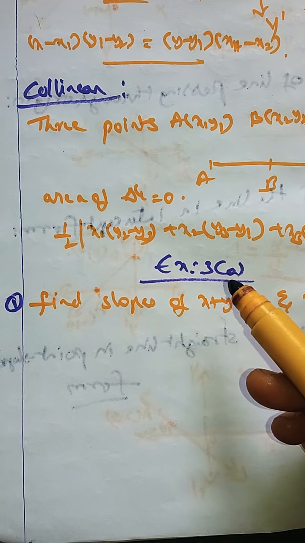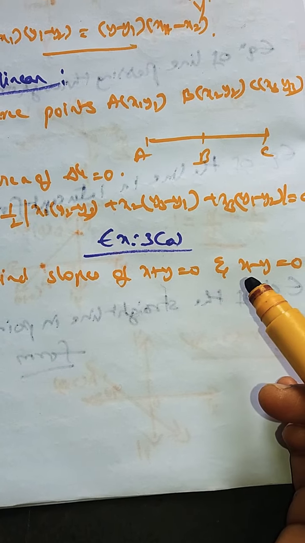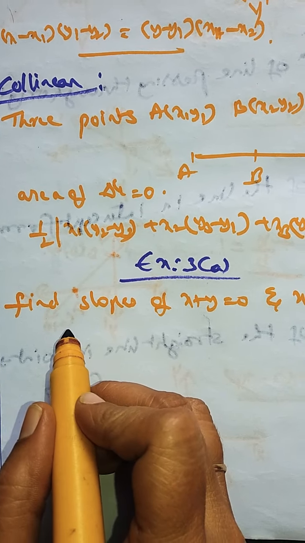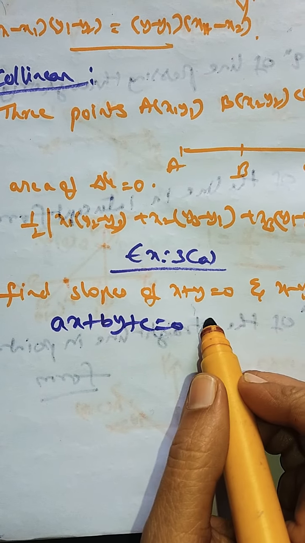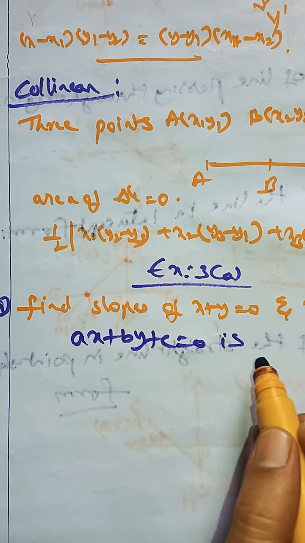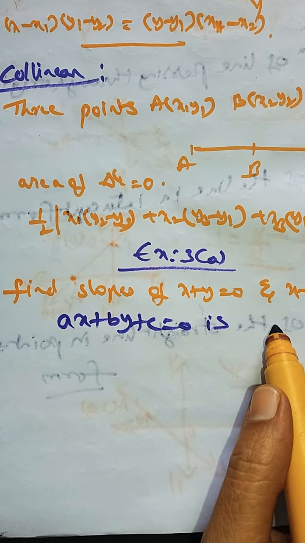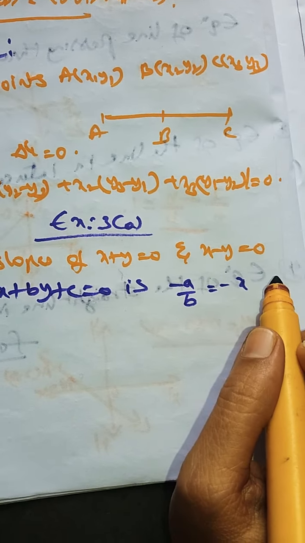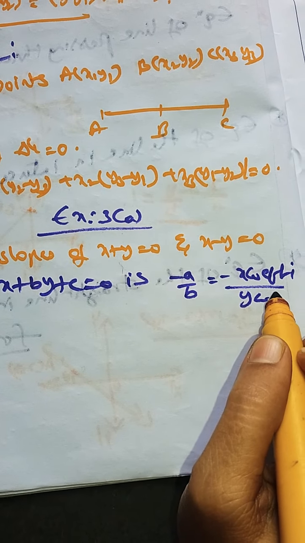Now I will go to exercise 3a. Find the slopes of the lines x plus y equals 0 and x minus y equals 0. We know the slope of the line ax plus by plus c equals 0 is minus a by b. It is nothing but minus x coefficient by y coefficient.